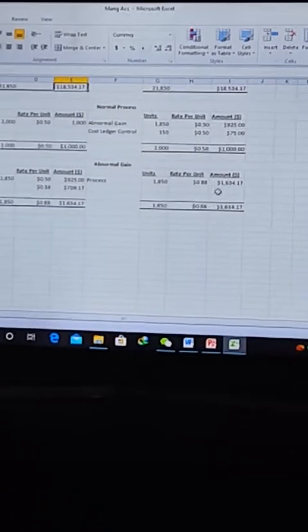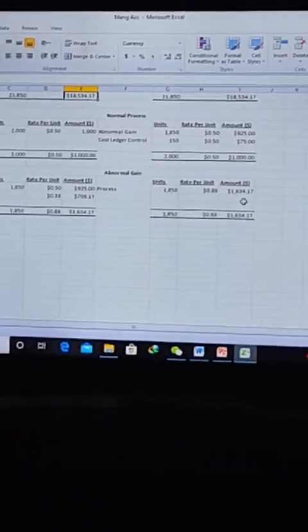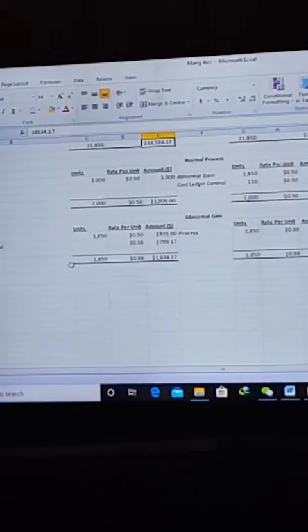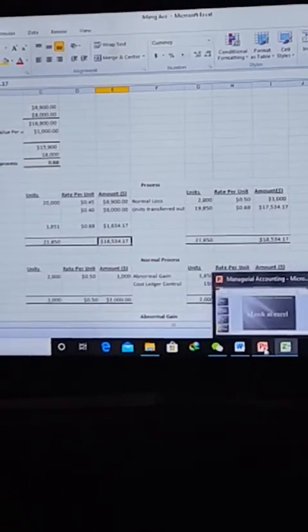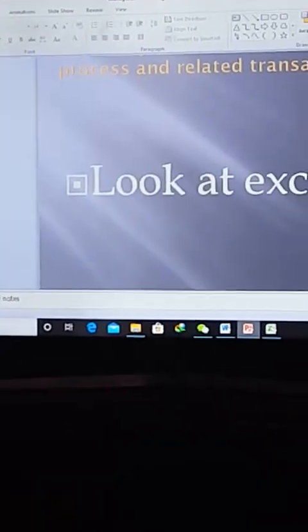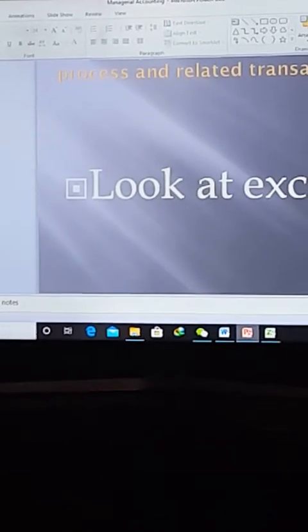So you can see that this is 1,850 units at a rate of 88 cents per unit, at an amount of 1,634.17, which in total is the same as the normal loss and cost ledger control combined. This is the process that we have used to create a process and related transaction product.